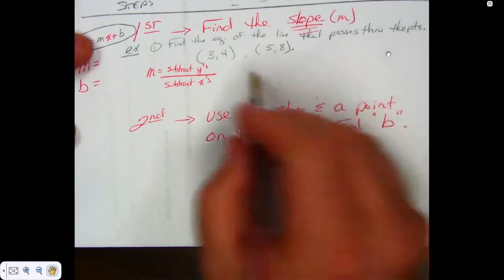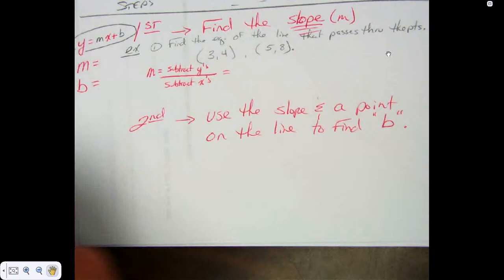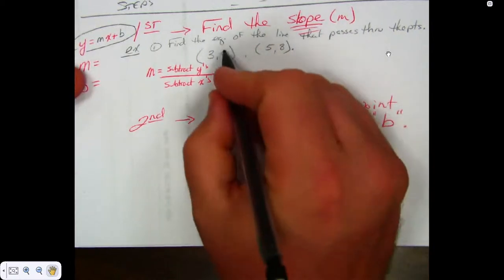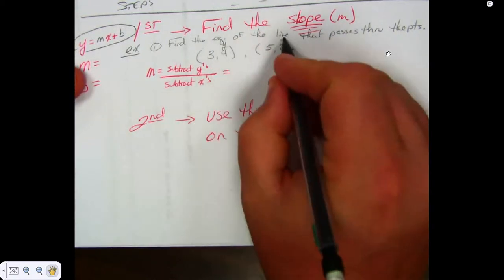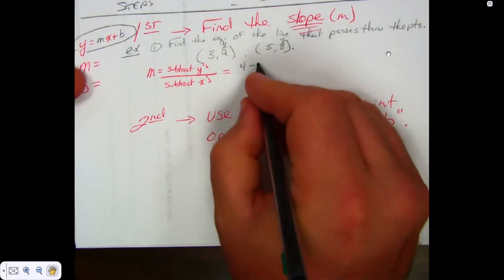Do we have some y's and x's here? So what are my two y's? 4 and what? So it'd be 4 minus, what's the other y?